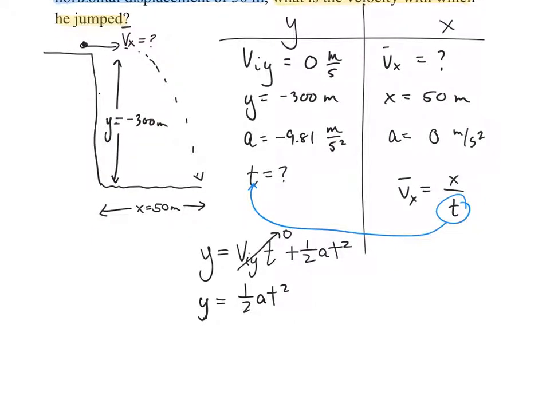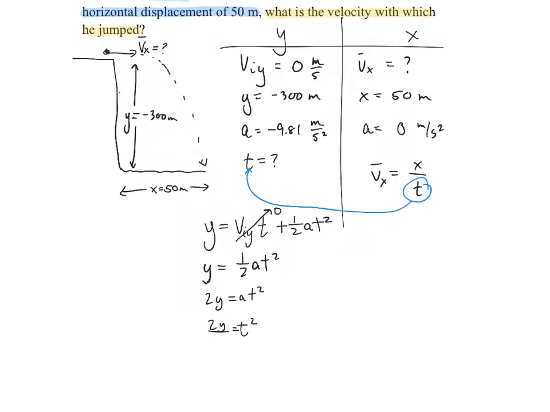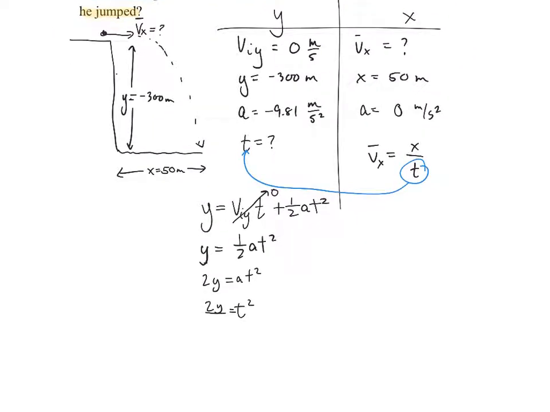So algebraically, multiply by 2 on both sides. Divide by a on both sides. And then take the square root. This would be the algebraic approach. But if you want to use numbers, I'll put a little detour here in red.